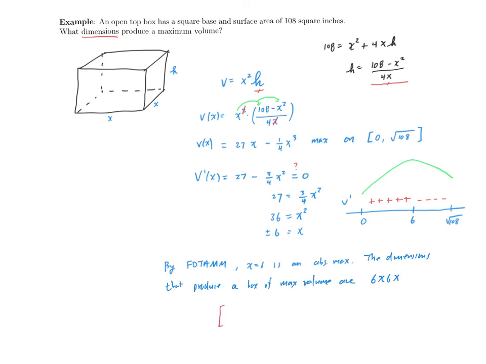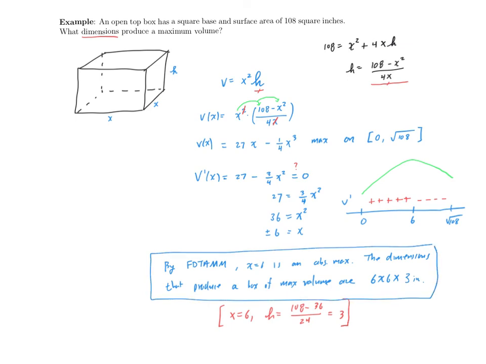And just doing a small computation to the side, we can note if x is 6, h is 108 minus 6 squared, all divided by 24, which simplifies down to be 3, which gives us the height of that desired box. So lastly, let's just go ahead and throw that in. The dimensions of the box that produce the maximum volume will be 6 by 6 by 3, and because we are given units, I will throw the units of inches after that last number.